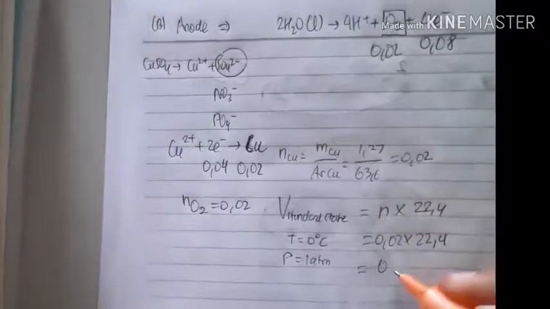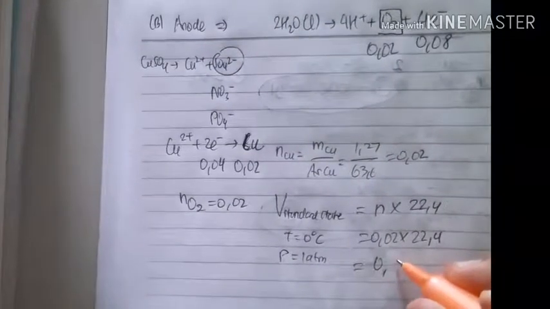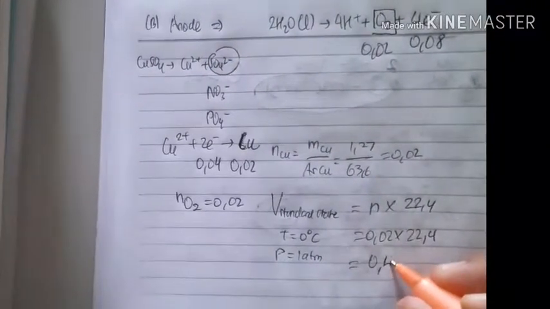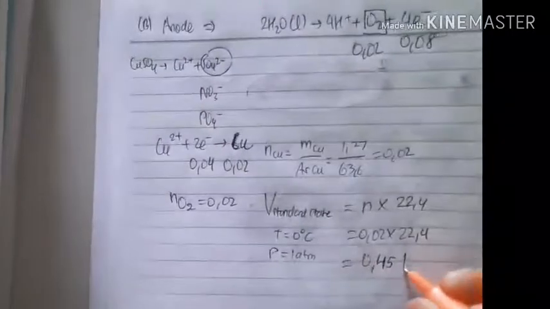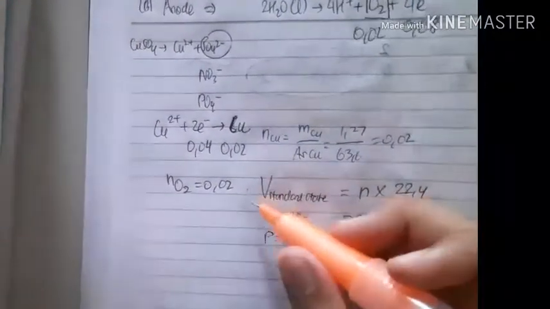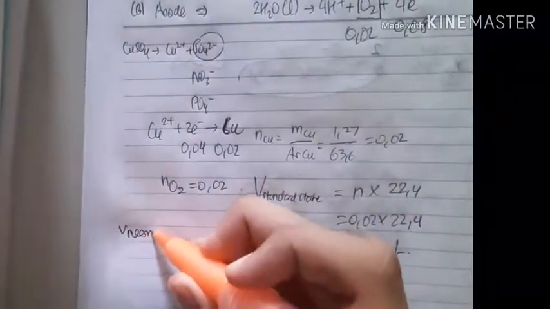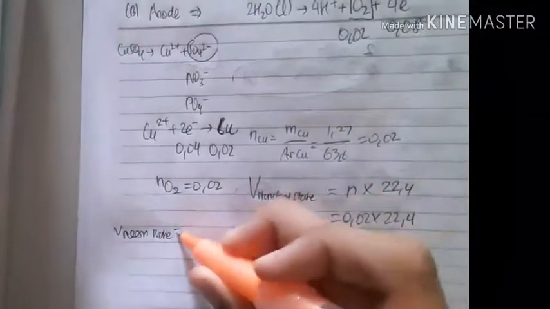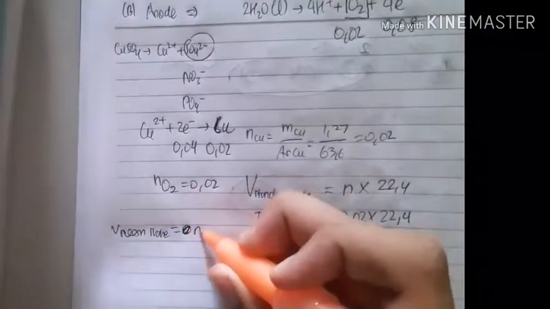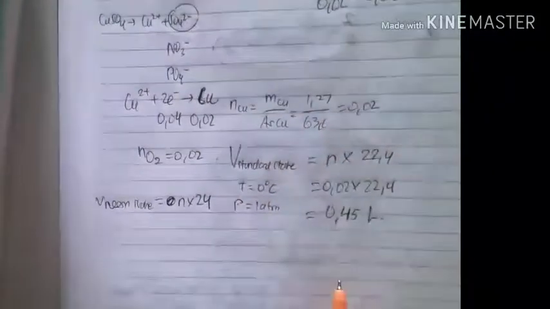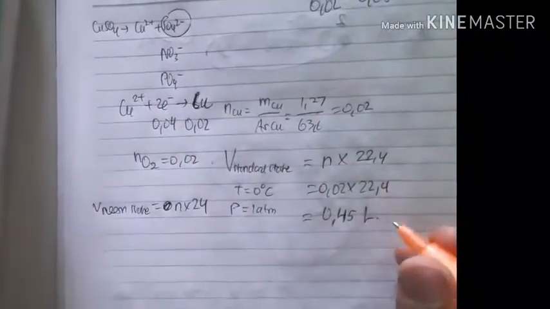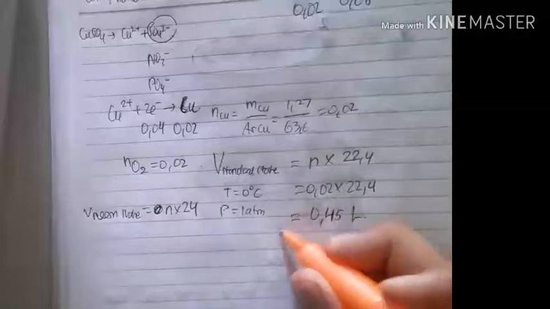The answer is 0.45 liter, right? So if it is asked at room state, which is 0, just times 24. So the answer is 0.545 liter, and the answer is the fifth option.